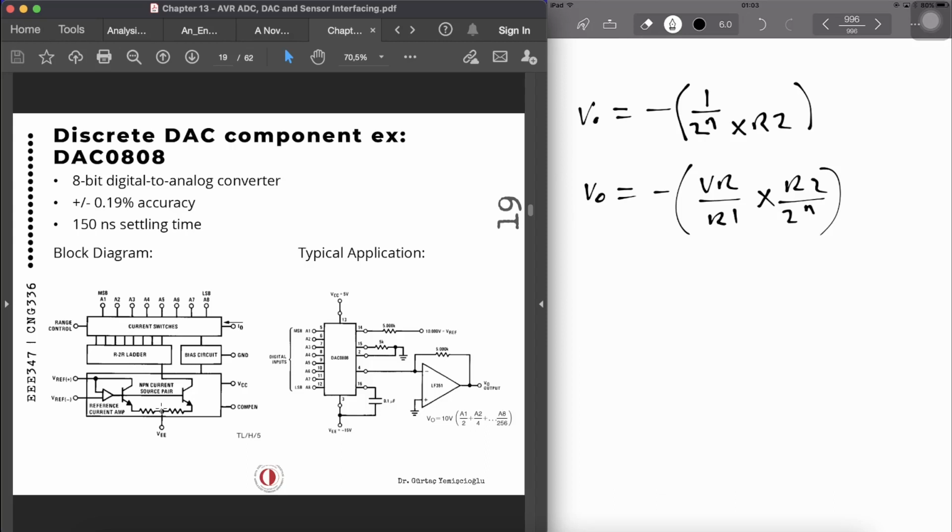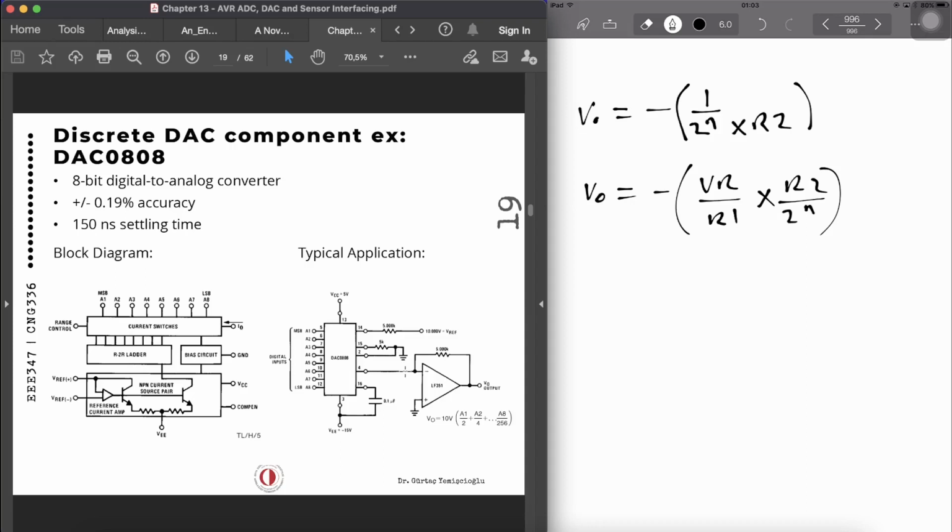And in this typical application over here, you can see that we can connect it with an external amplifier in order to generate different types of waveforms. Generally we can amplify the voltage.